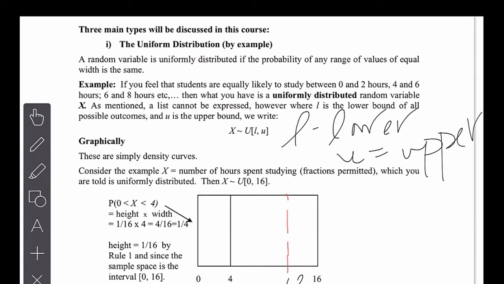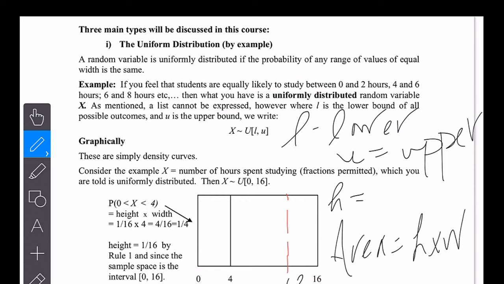Okay, so since this whole area is 1, what must the height be? That's where we begin with this sort of distribution. Height must be such that the area is equal to the height times the width. Now area must be 1.